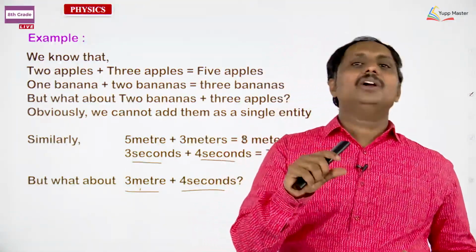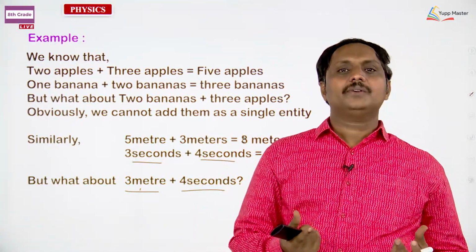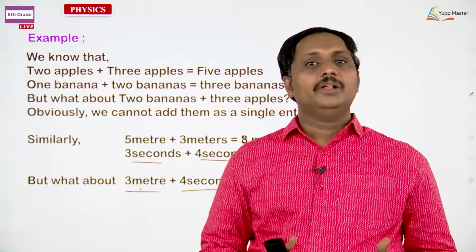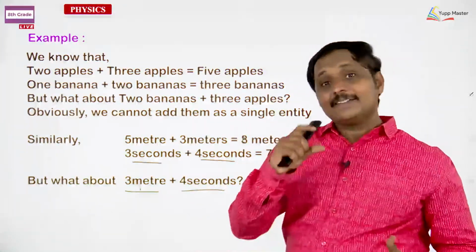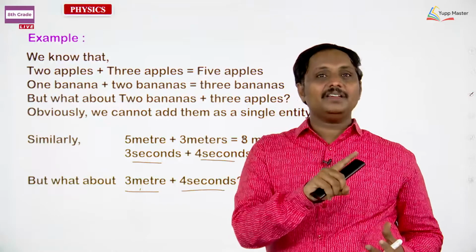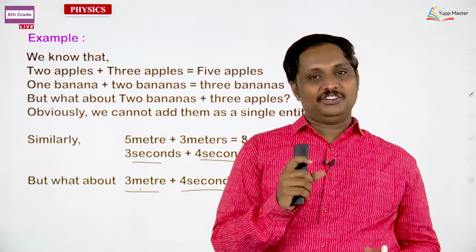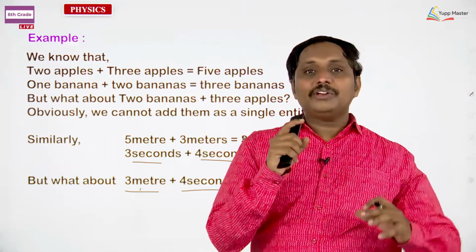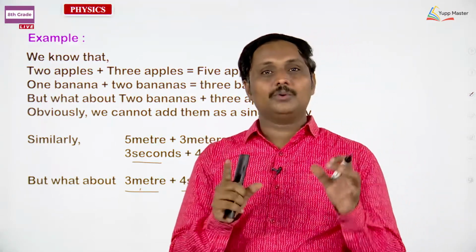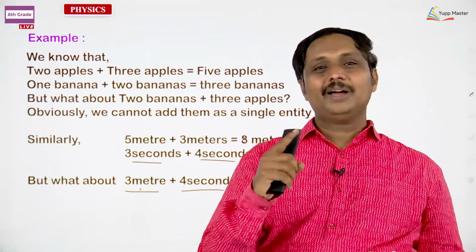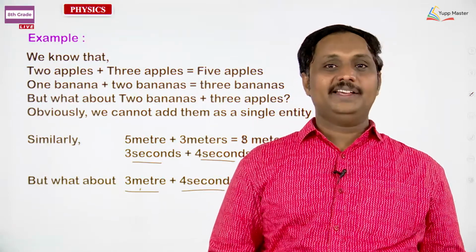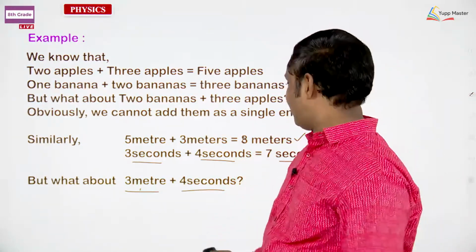One entity, two entities, or more than two entities can be expressed as a single entity dimensionally only if all of them belong to the same kind of physical quantity. Then only it is possible, right.